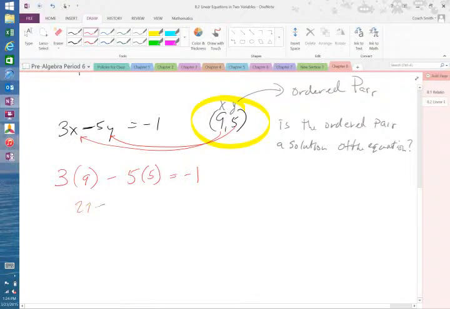Minus 5 times 5, 25. What is 27 minus 25? 2. Is 2 equal to negative 1? No. So the answer here is no. That is not a solution. It's not going to fall on the line that's represented by 3x minus 5y = negative 1.